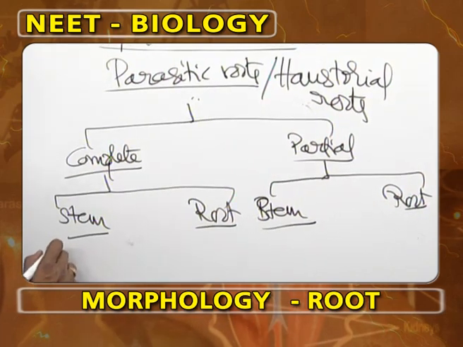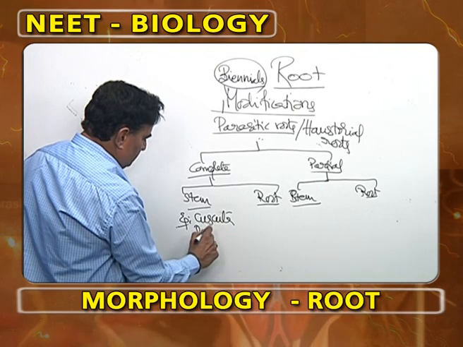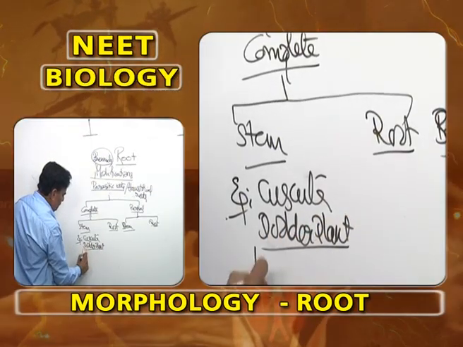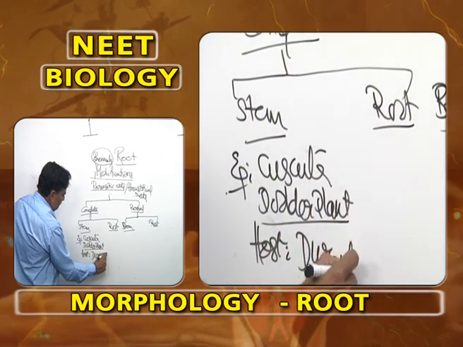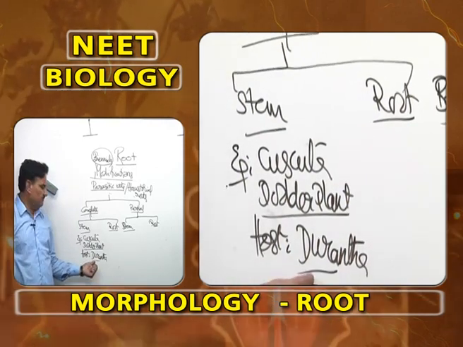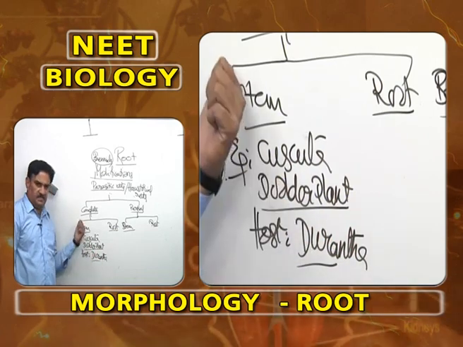Complete stem parasite, the best example is Cuscuta, which is otherwise popularly called the dodder plant. The host of Cuscuta is Duranta. You all know Duranta is a plant where thorns bear leaves and flowers. So, Cuscuta is a dodder plant. It is a complete stem parasite.